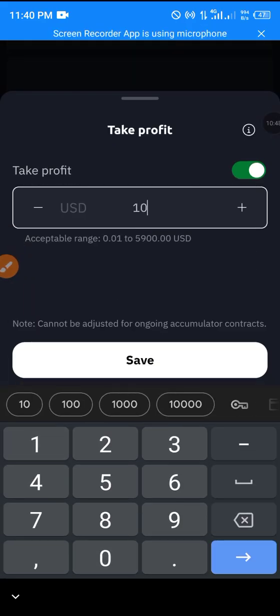I'm putting $10 here as my take profit, because if you put something high, something big, you are mostly a greedy person and you are most likely to lose your money in the trade. And this accumulator, let me use this opportunity also to explain to you guys. This accumulator, you can lose all your stake. As far as accumulator is concerned, remember we have other options: vanillas, turbos, multipliers, rise and fall, blah blah blah.